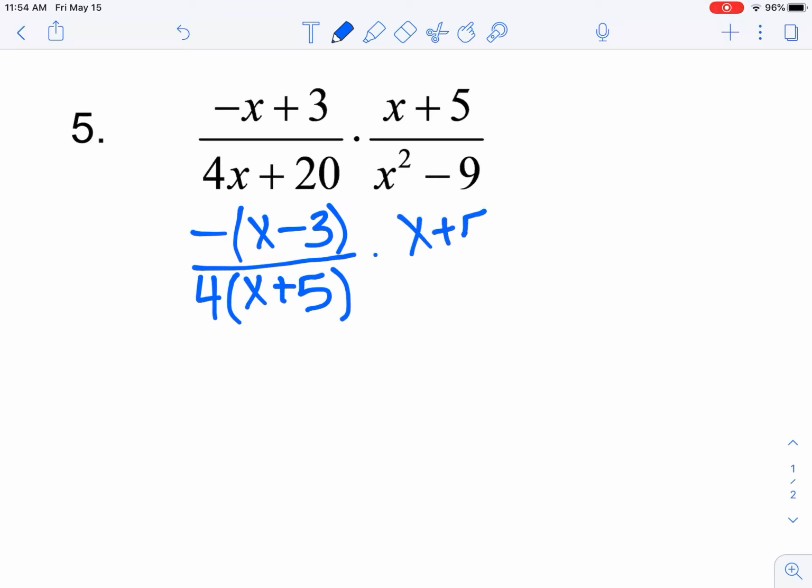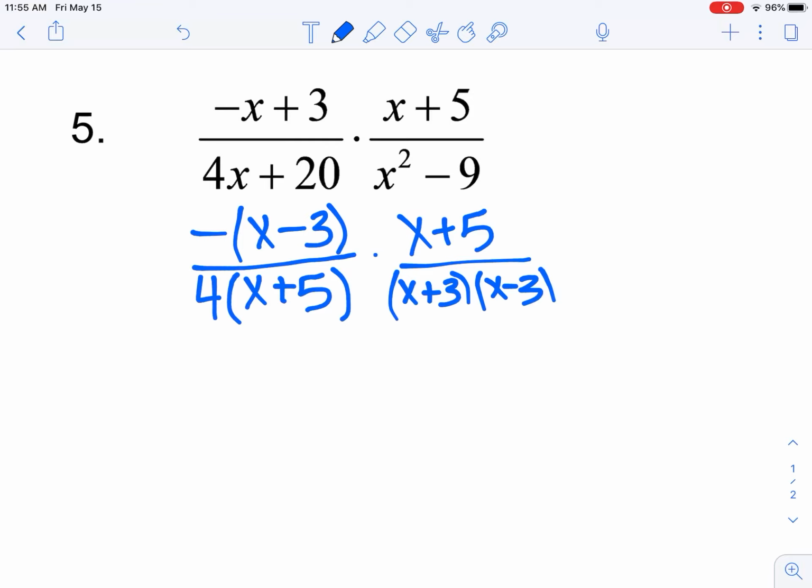Now in my second fraction, the numerator, I can't simplify or factor it right now, so I'm going to leave that. And then the denominator, x squared minus 9, that is a difference of perfect squares. So we can factor that into two binomials. Take the square root of the first term, the square root of the last term, and then we have 1 plus, 1 minus.